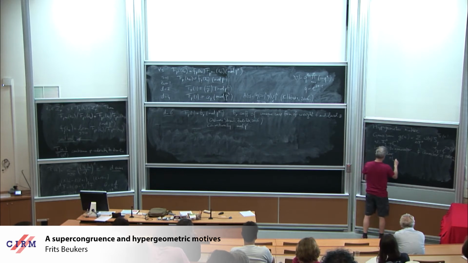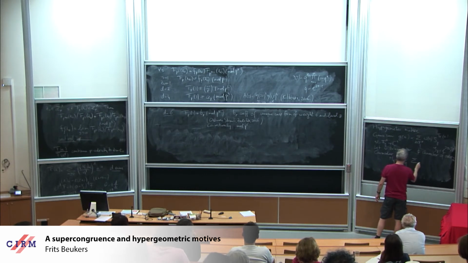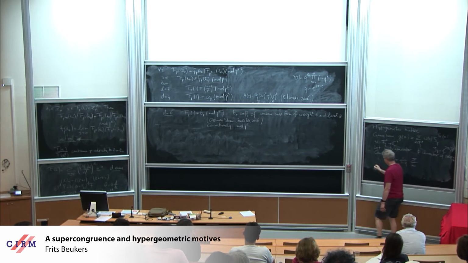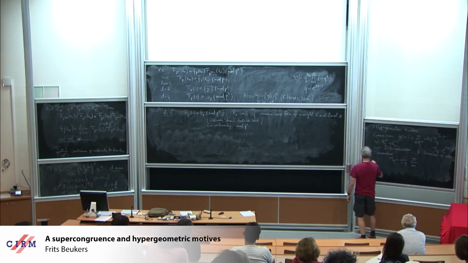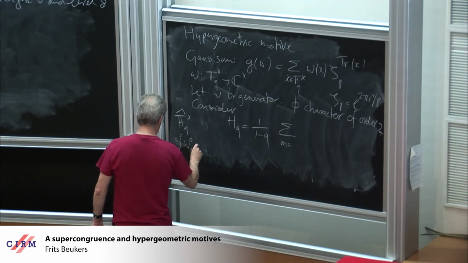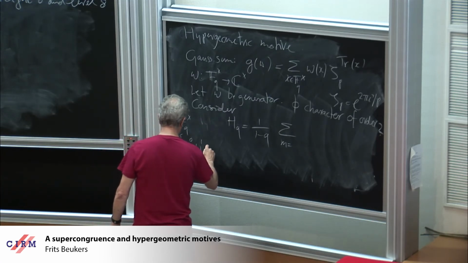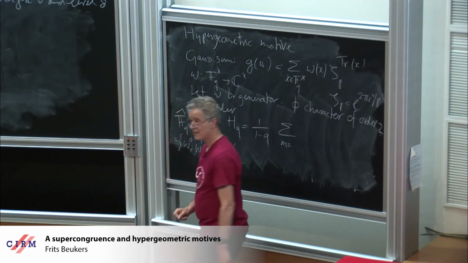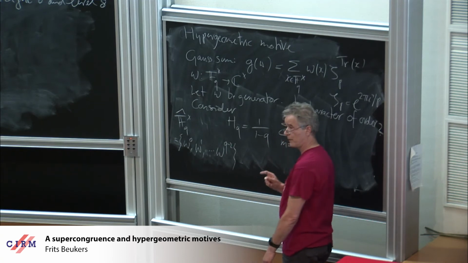a function I call Hq, which is going to be the hypergeometric motif, and is defined as a sum over, well, actually, if omega is the generator of all the characters, then the set of characters on Fq star is basically given by the identity character and all characters up to the q minus second power. And so that's what we're going to sum over.